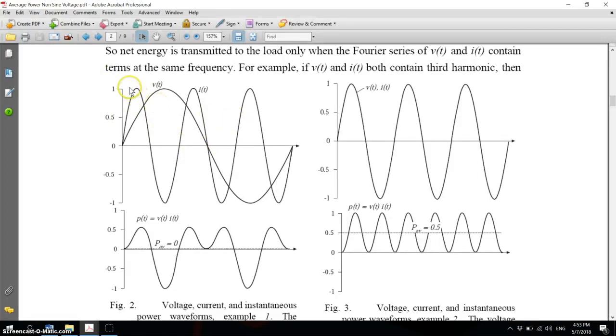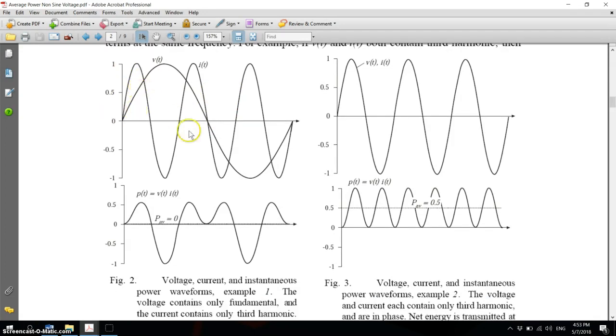So if you look at V multiplied by I, the average power will be 0, because the voltage consists of only the fundamental, and the current consists only of the third harmonic, the 150 Hertz.